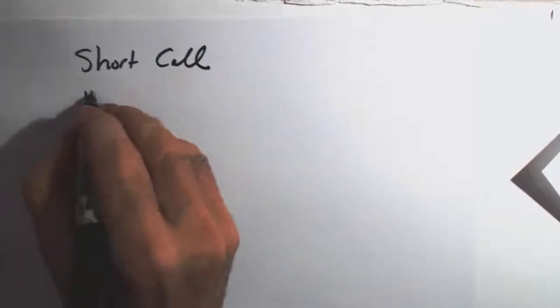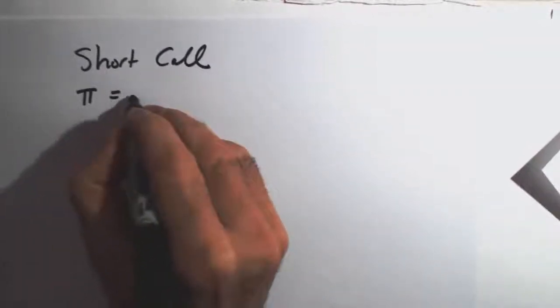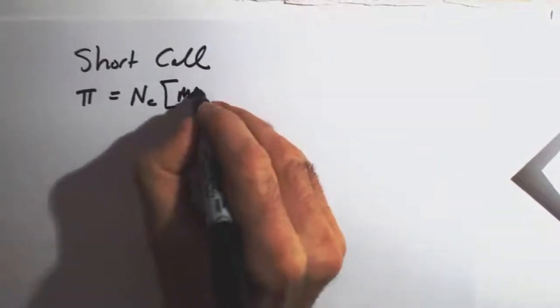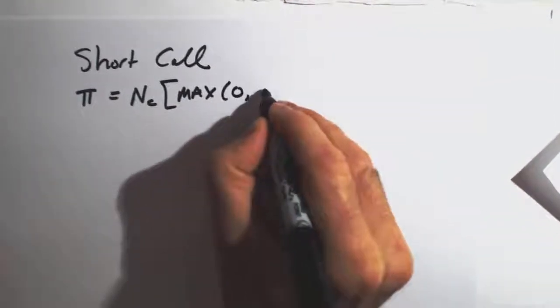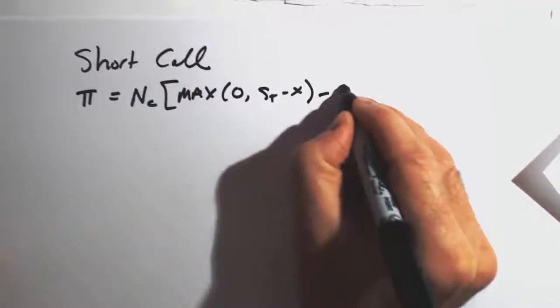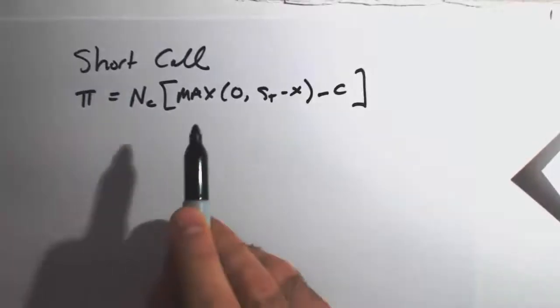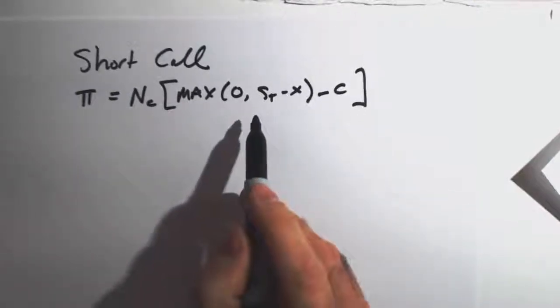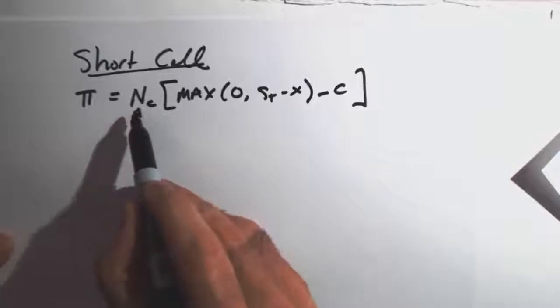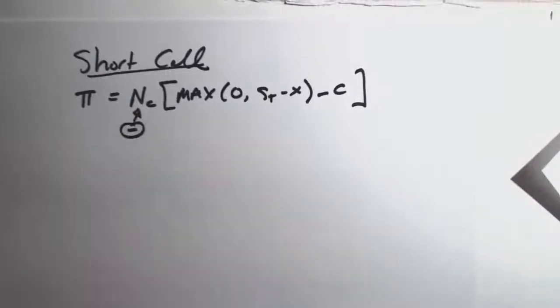So remember, the formula is the number of calls times the maximum of 0, or ST minus X, minus C. And remember, this formula is so flexible that it works even for a short call. The reason is that the number of calls we're shorting is negative.